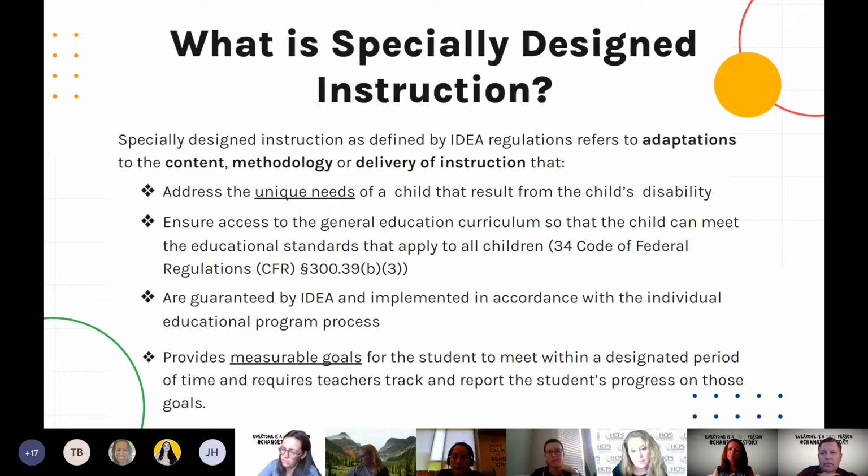It is a federal requirement that must be met for them by going through the process for eligibility for exceptional education. A team says they require specially designed instruction. So it's really adapting, either through content, methodology, or delivery of instruction, to meet those students' needs based off of how they were found eligible for exceptional education. As we go through this presentation today, we'll explain a little further what we mean by that point.